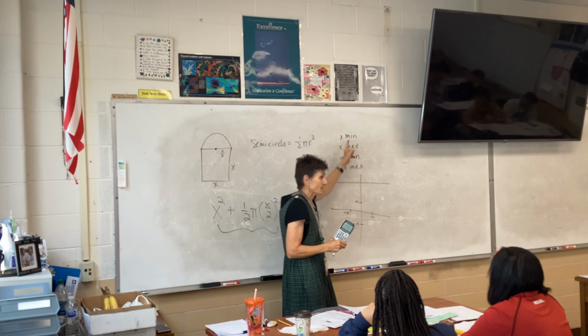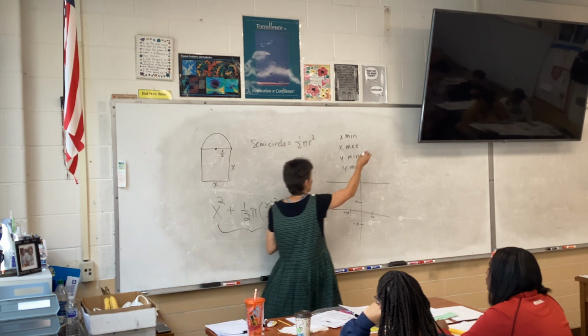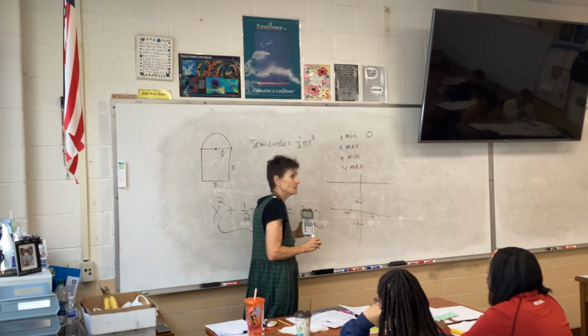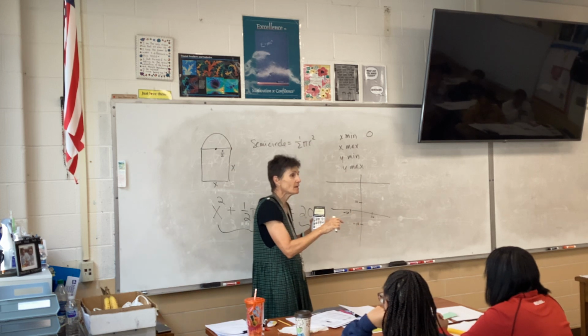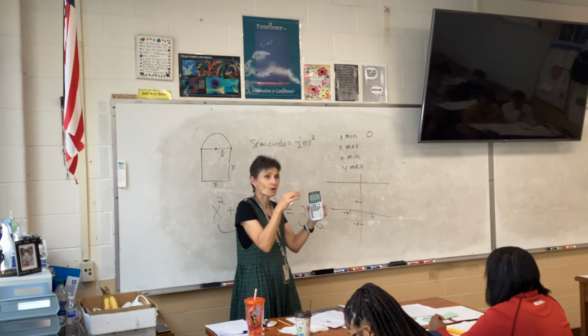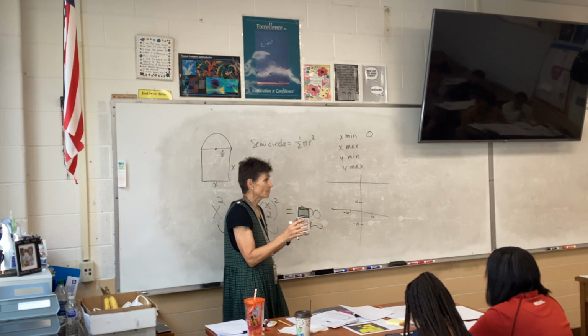I know my x value, whatever it is, it can't be negative, so I'm going to make that a 0. Does that make sense to you? It's not going to hurt anything to leave it -10, but I'm trying to make my window fit my problem. So I'm going to set it at 0.